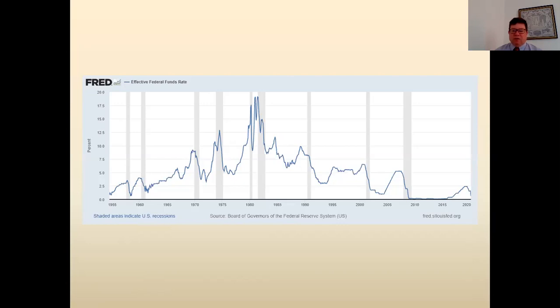And certainly from the Great Recession up until the last year or two, rates have been very low, at 2.5% being the high in recent years. They've effectively cut the rates almost to zero right now to deal with the economic consequences of COVID-19. You see that huge, massive spike back in the early 1980s.